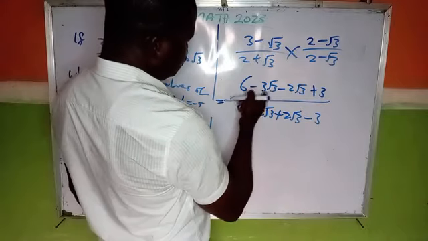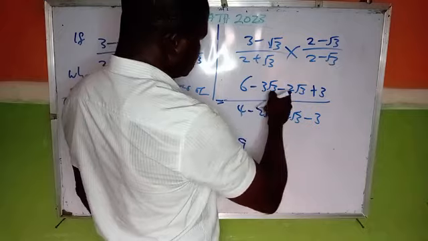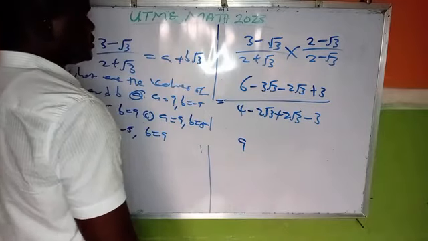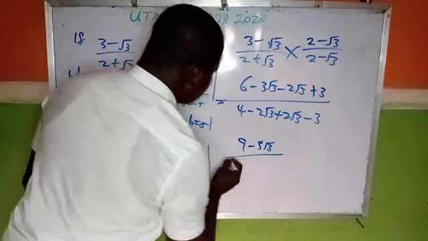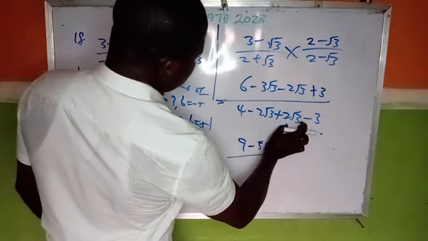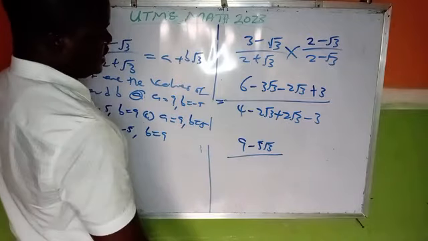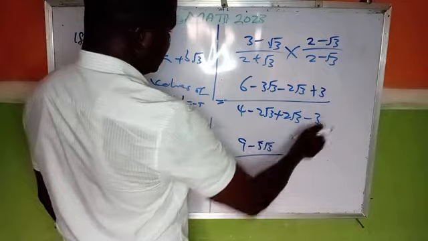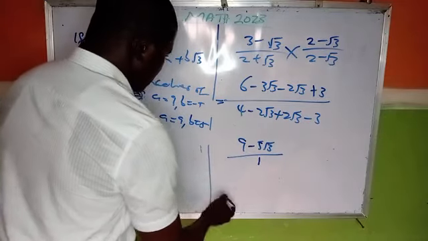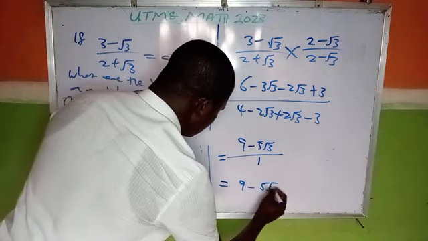Here is 3 root 3 and 2 root 3. So minus 2 root 3 plus 3 root 3, that's 5 root 3, and 2 root 3 minus 2 root 3 is 0. So 4 minus 3, that is 1. So your answer is going to be 9 minus 5 root 3.